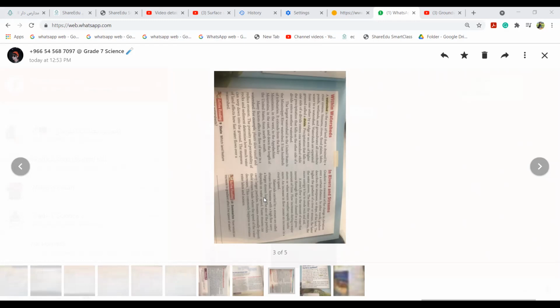Now, the largest watershed in the United States is the Mississippi River. In the United States, it's called the Mississippi River watershed. It has hundreds of tributaries. I told you what a tributary is. It's like what comes and joins the lake or river. It extends from the Rocky Mountains in the west to the Appalachian Mountains in the east.